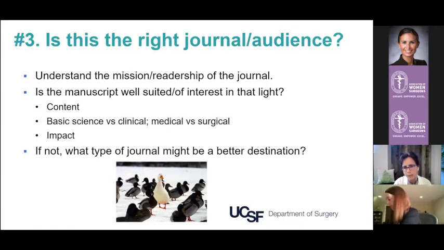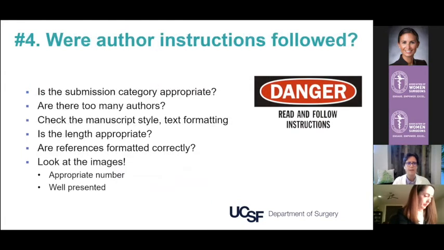If this is a confirmatory study or a study demonstrating the null hypothesis, this may be better suited for a lower impact journal than one that will transform practice. And if you're going to suggest that it is not well suited for the journal, I think it's always important to be helpful for authors to potentially support an alternative venue.